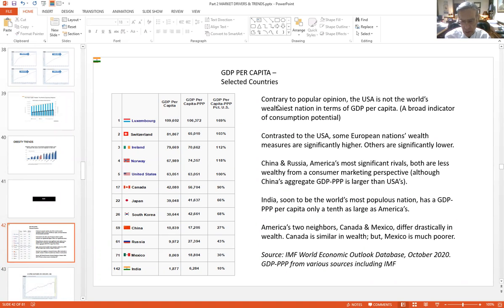As I explained a few minutes ago, I prefer GDP per capita purchasing power parity. In China, for instance, the government maintains a low exchange rate between the currencies of the United States and China, as well as Europe and China. Why? Because China wants to export, the Chinese government wants to export more.